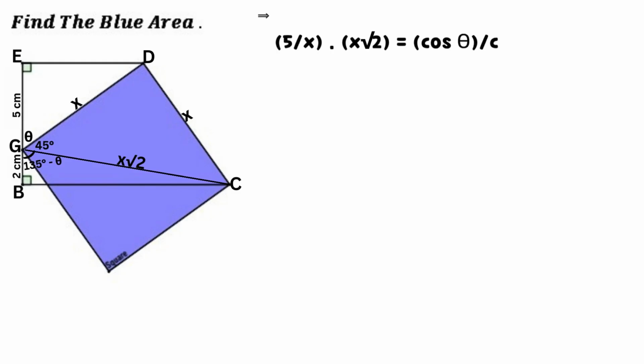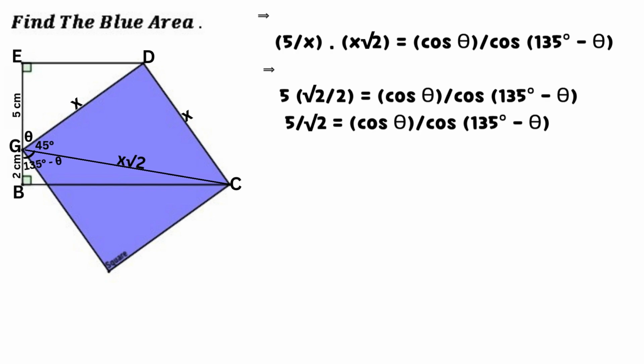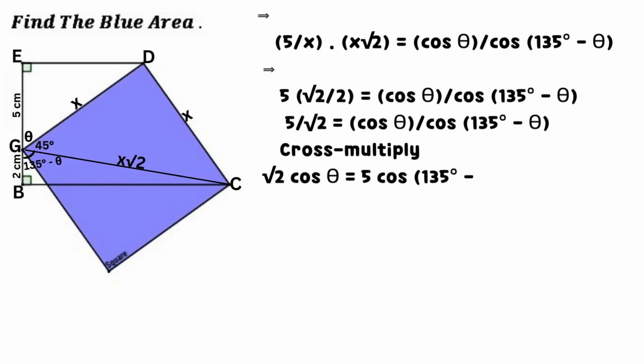This implies that 5 over x multiplied by x times the square root of 2 over 2 equals cos theta divided by cos of 135 degrees minus theta. This implies that 5 times root 2 over 2 equals cos theta divided by cos of 135 degrees minus theta. 5 over root 2 equals cos theta over cos of 135 degrees minus theta.